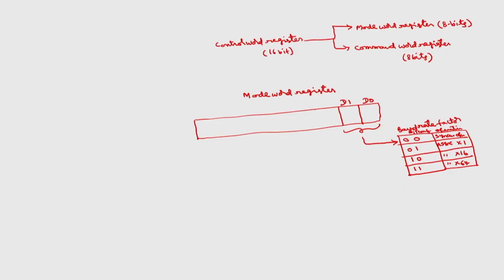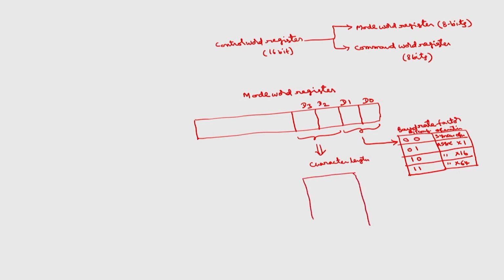The next 2 bits are the character length. D2, D3 will decide the character length. In case of ASCII, the character length is 8. Even though it is a 7 bit code, we are going to use 8 bits.